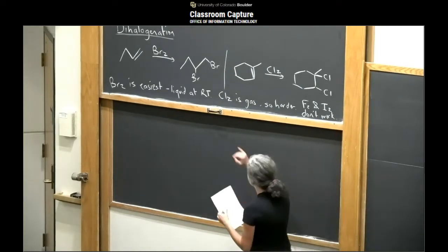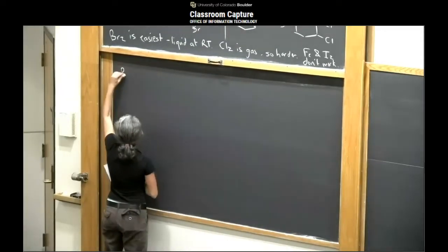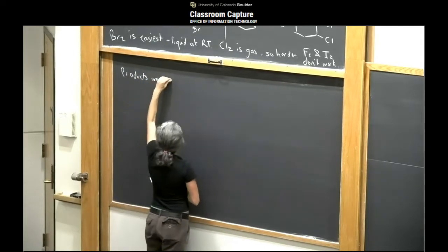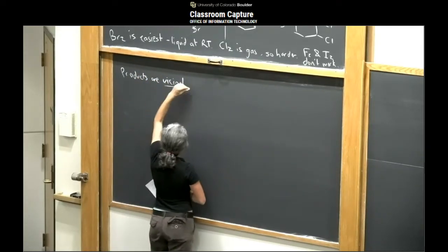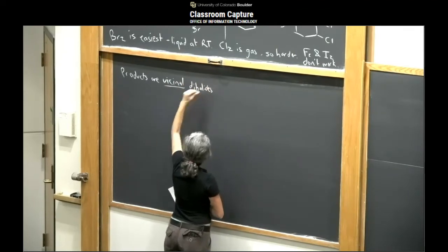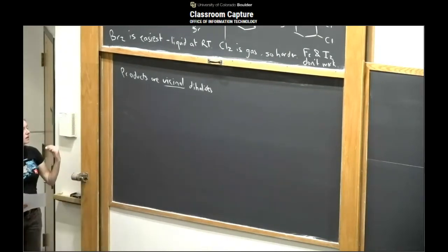Okay, so the products that we're making out of this are called vicinal dihalides. This means that the 2 halogens are on neighboring carbons.